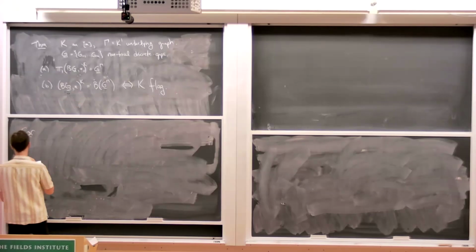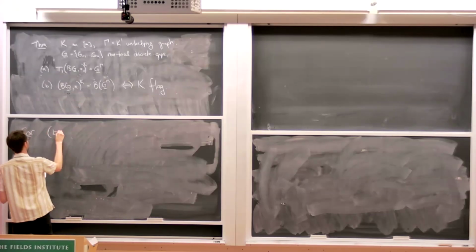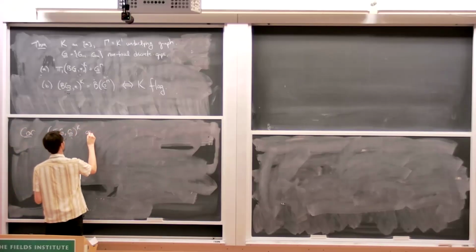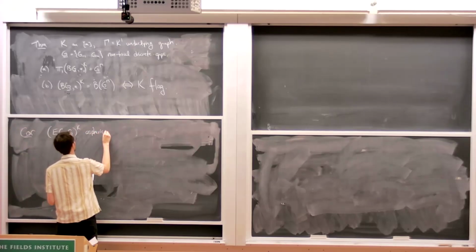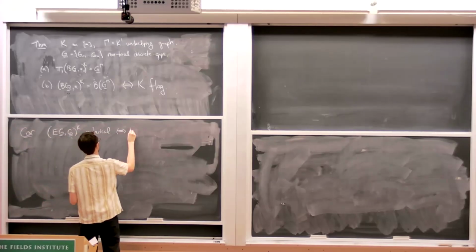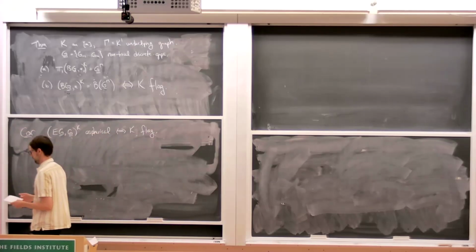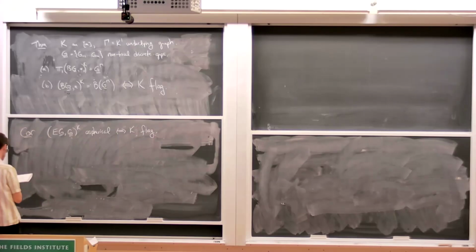So first corollary is that this guy we can say is also aspherical if and only if K is flag. Okay, so just those two examples give us lots of interesting classifying spaces, I think.